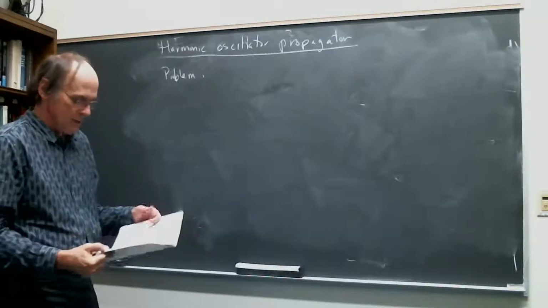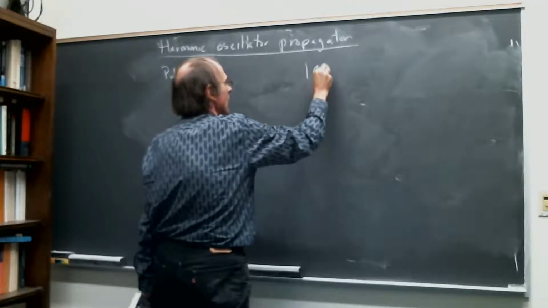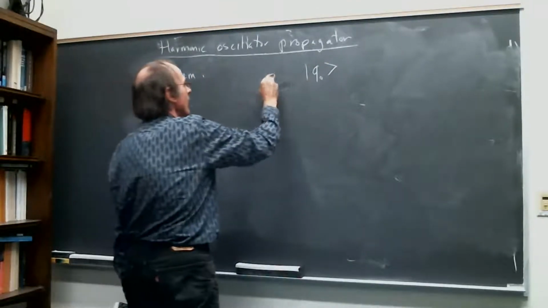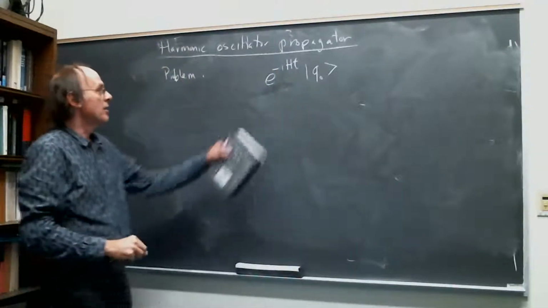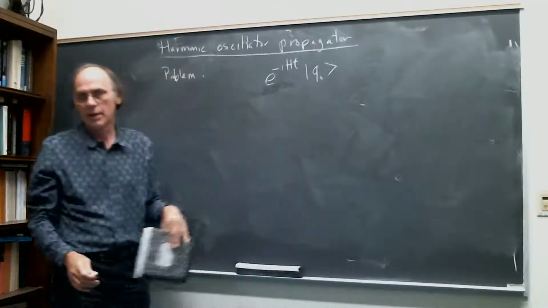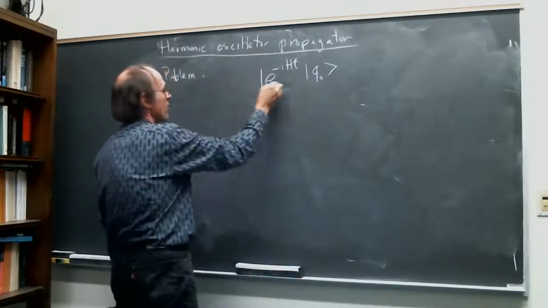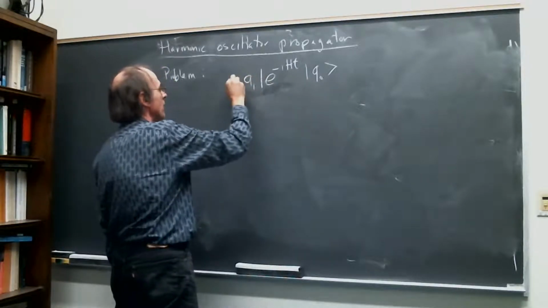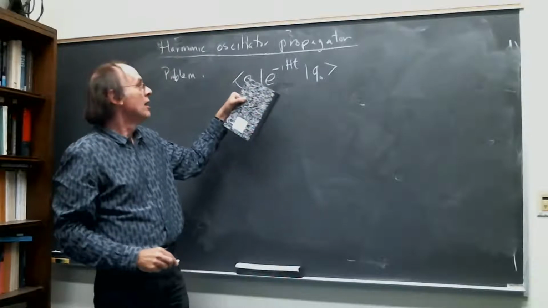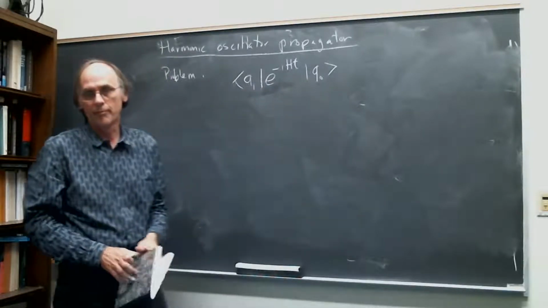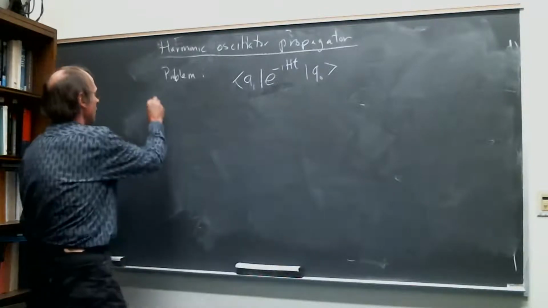So if you know that you're at Q0 at time 0, you want to evolve by the Hamiltonian for time t, and this is going to give you some wave function. If you think of that wave function in position space, you want to know its value at some point Q1. So as a function of Q0 and Q1, we want to evaluate this function, and this is the propagator.